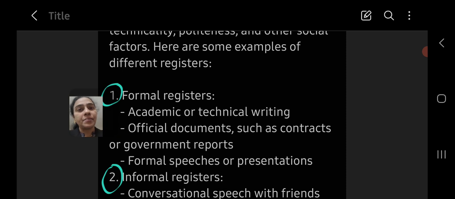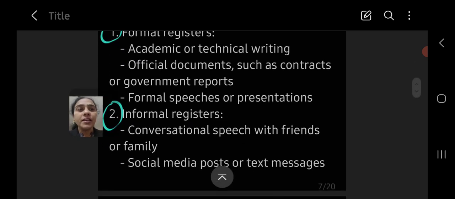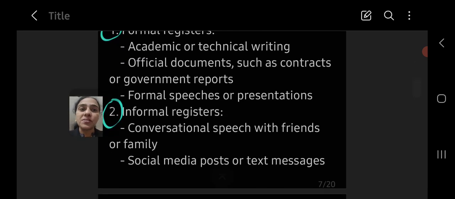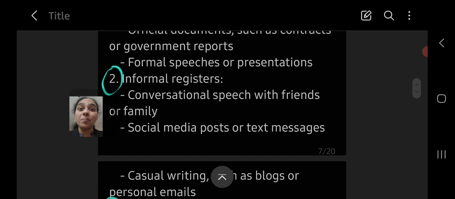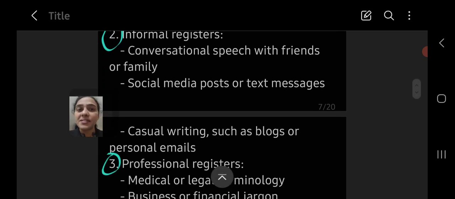Formal, as the term indicates, are academic, official, formal speech presentations. Easily understood, right? You can write the examples. And for informal, the conversation between friends, the social media posts, casual writing or blogs or personal emails, all are included under informal.